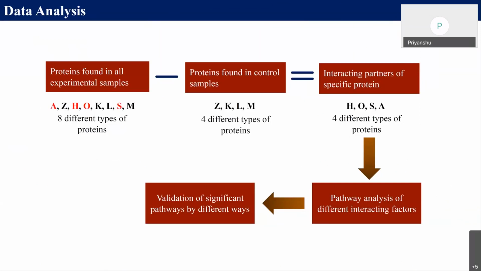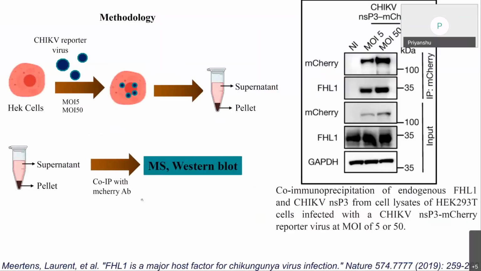I'm giving you 2 different examples to understand it very efficiently. There's one paper which talks about the chikungunya viral protein NSP3, which interacts with one particular host protein, FHL1. In this study, they used a chikungunya reporter virus.